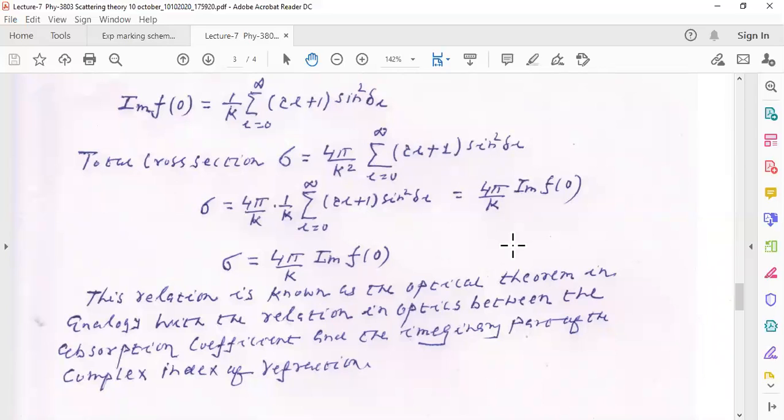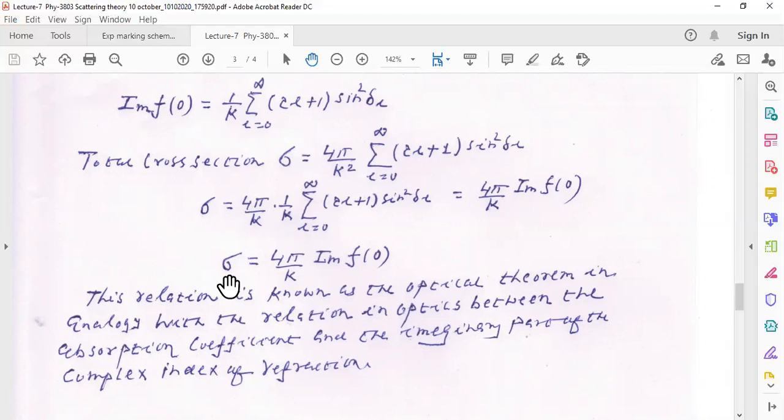In analogy with the relation in optics between the absorption coefficient and the imaginary part of the complex index of refraction. So there is a theorem in optics, and there is a relation between the absorption coefficient and the imaginary part of the complex index of refraction.